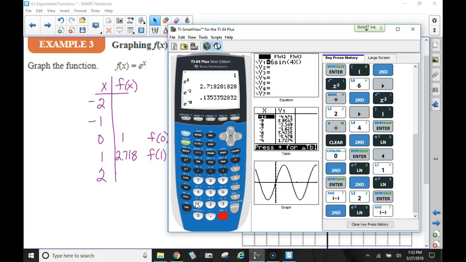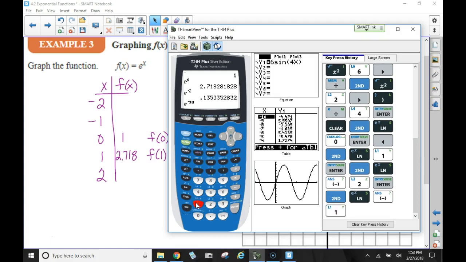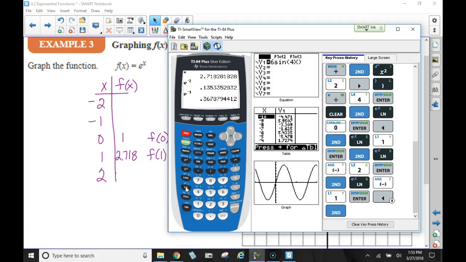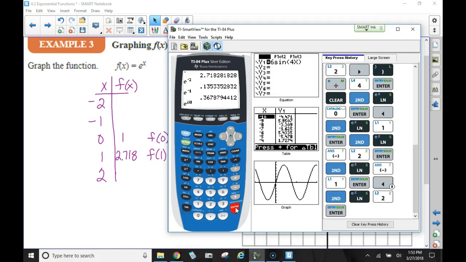That's 1 over e to the positive first, 1 divided by e. 1 divided by 2.7 is about 0.36. And then I also need this one down here. What is e squared? Let me just get a better answer for that. e squared is about 7.39. That'll be good enough.